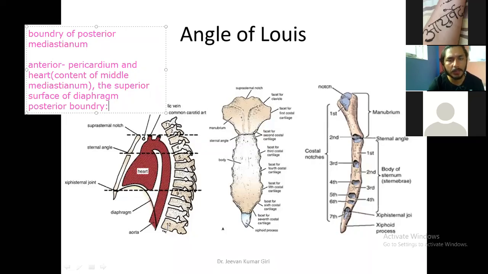And in between each vertebra you will see here the region for the intervertebral disc. So this is your posterior boundary for the posterior mediastinum. The posterior boundary is formed by the T5 to T12 thoracic vertebrae and adjoining intervertebral discs.